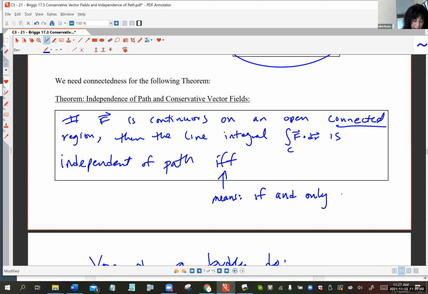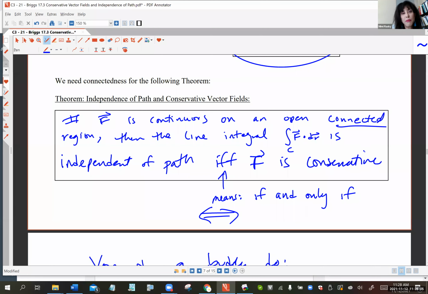And the reason why IFF is different from a regular if is because it's what we call a double-headed arrow. You can read the sentence forwards and backwards and it'll still be true. Unlike a regular if statement, you have to read it only in the forwards direction for it to be true. So this one's cool because it's a double-headed arrow.